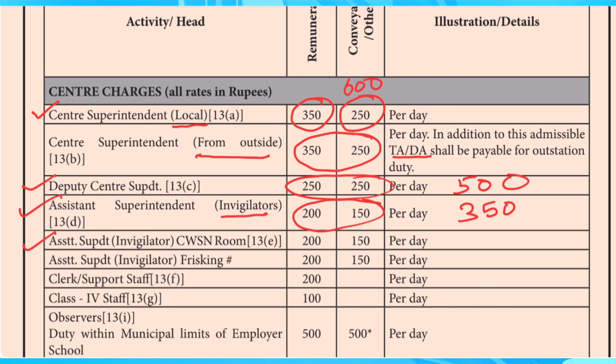Then assistant superintendent invigilator for CWSN room is going to get the same amount. Assistant superintendent of frisking is also going to get the same amount, meaning 350 rupees per day. Then clerk and support staff, they are going to get 200 rupees. Class 4 staff will get 100 rupees.